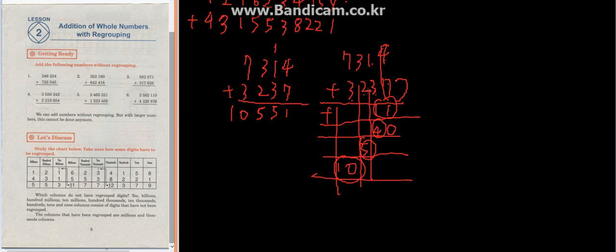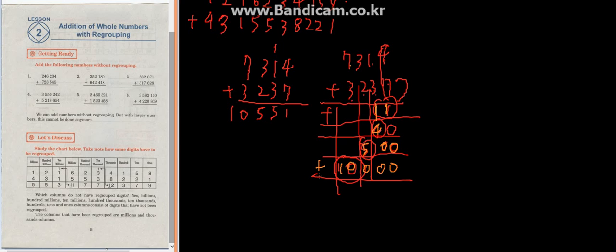Now this 5 was calculated from the 100th column, so there are 2 more zeros behind. And these two numbers were added from the thousands column, so you add 3 more zeros.